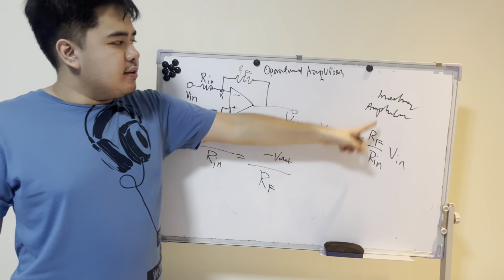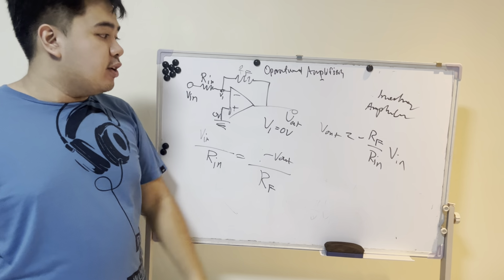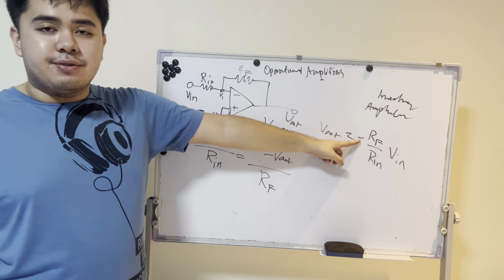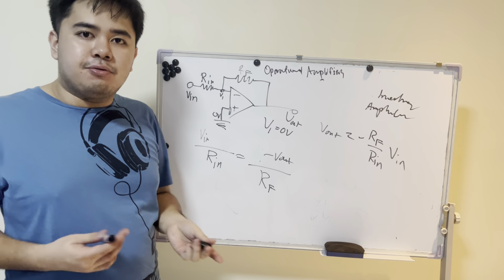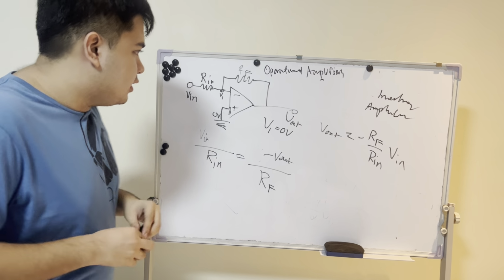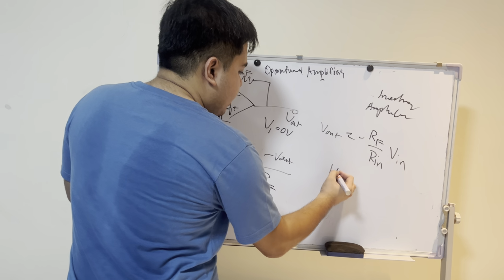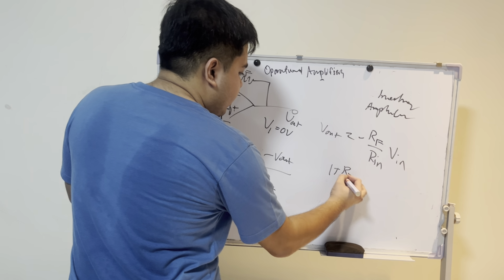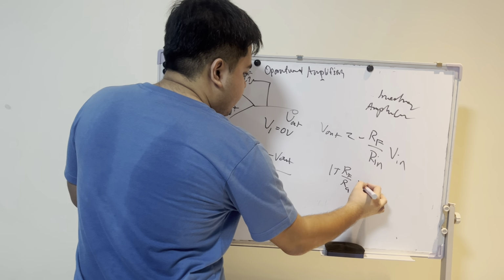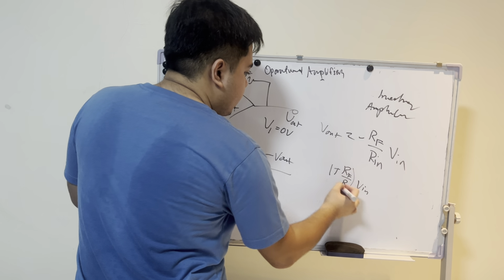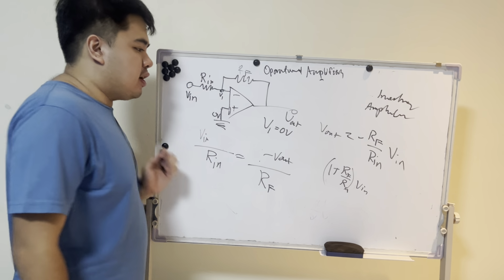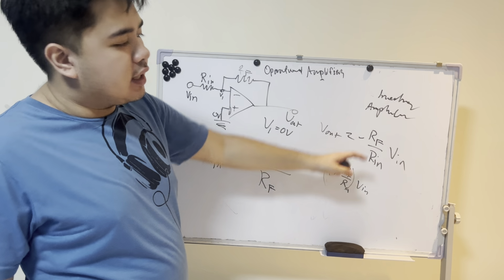That is the inverting amplifier. It is inverting because there's the negative sign. So you might think that we use the non-inverting one, the one whose V out is 1 plus RF over RG times V in. You might think we would use this instead because of the negative.